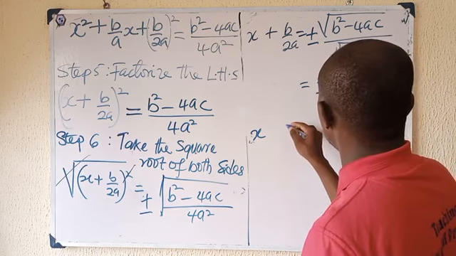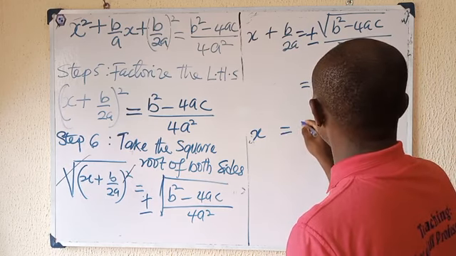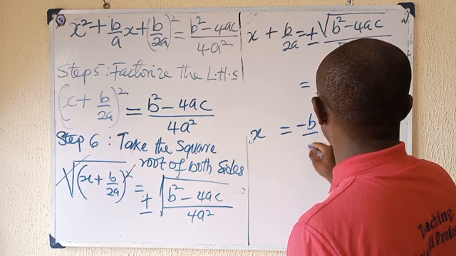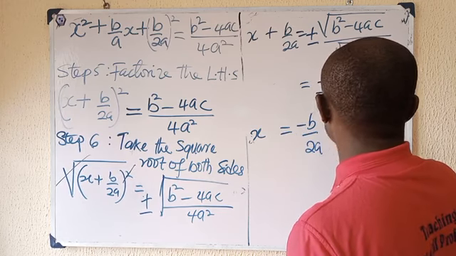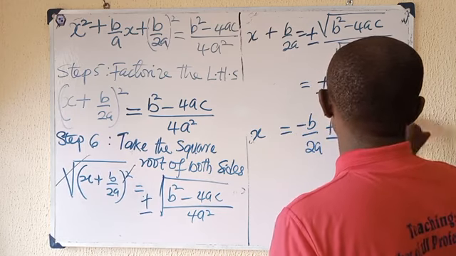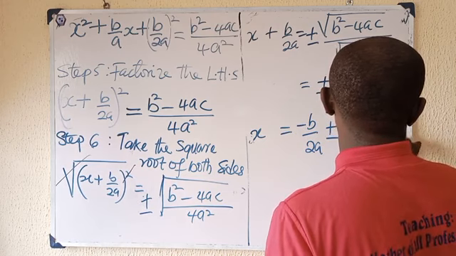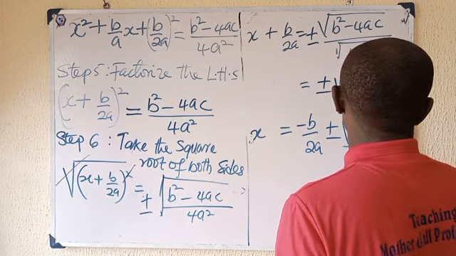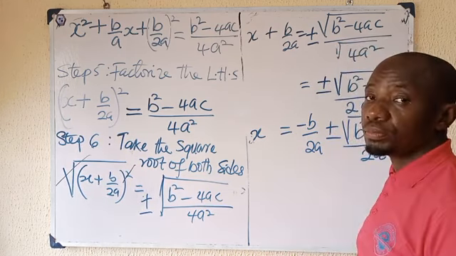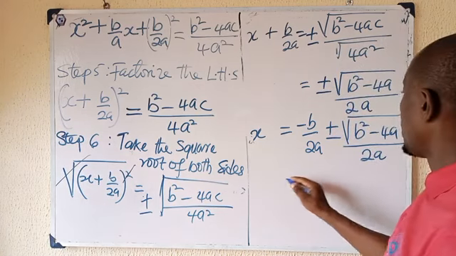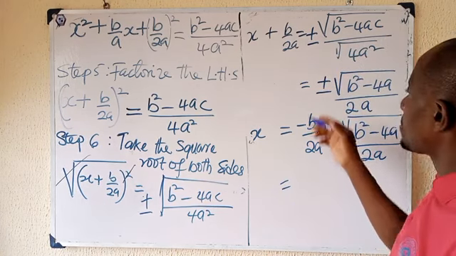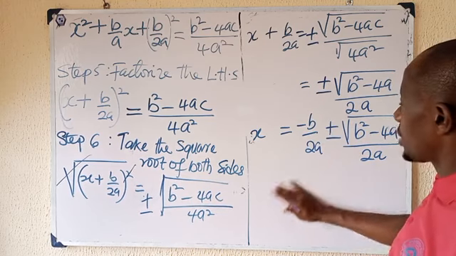So it will now change to x is equal to minus b over 2a plus and minus the square root of b squared minus 4ac divided by what? 2a. Can you see that? Yeah, very simple. So remember in mathematics, let me explain something.